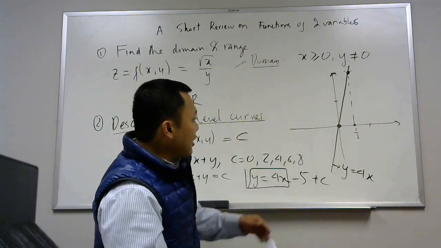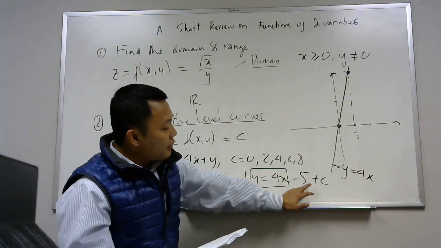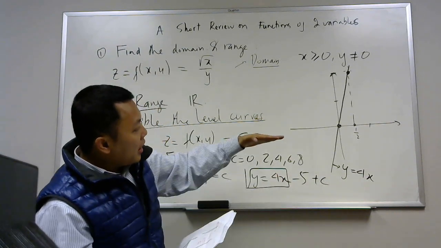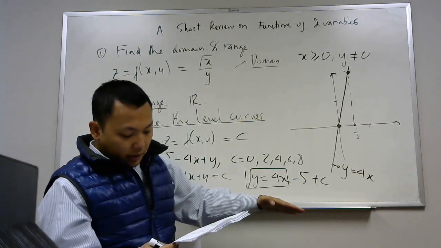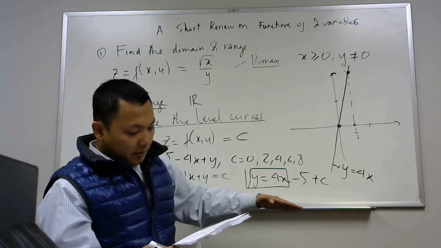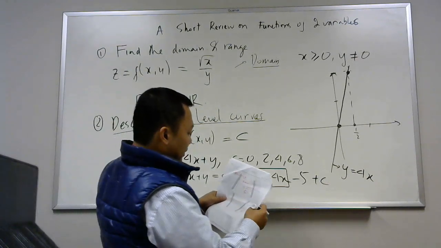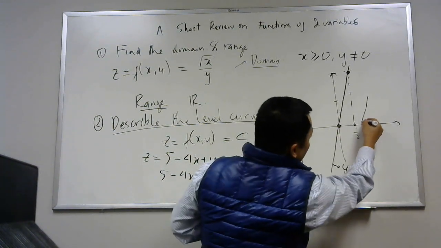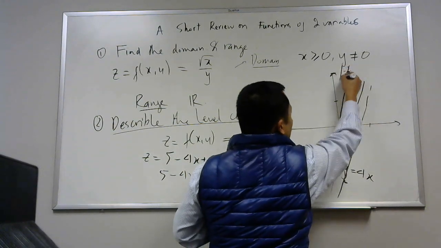Each time you change c, for example when c equal to 0, you move this straight line down 5 units. For this question, I guess you choose the last one, so you have different slides. Here is -5, suppose this is -5. So you have -5, and then you move up.